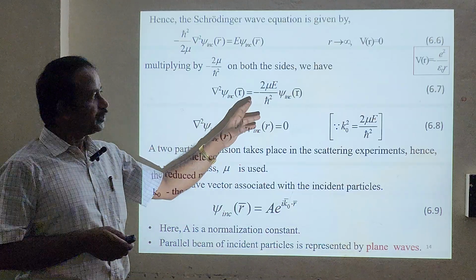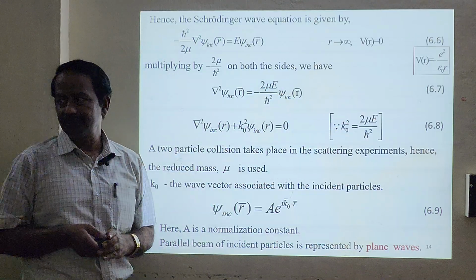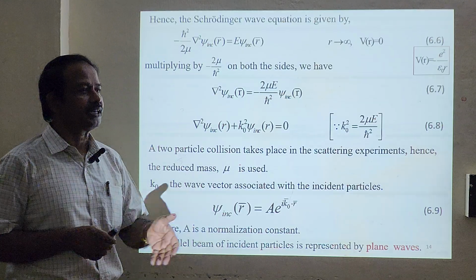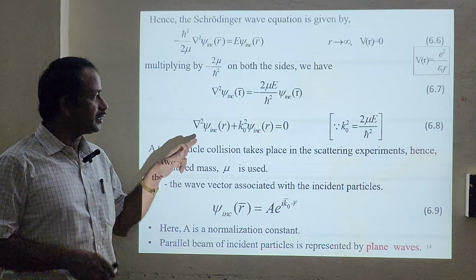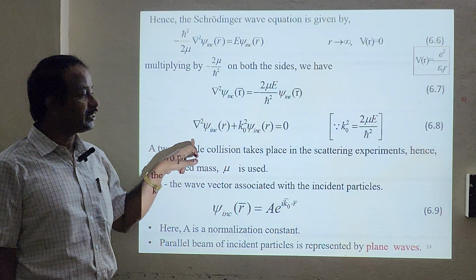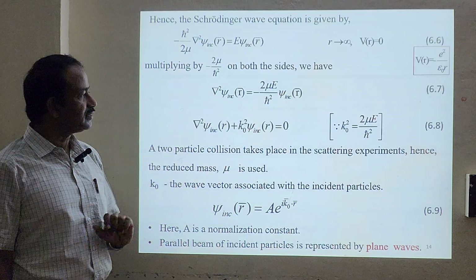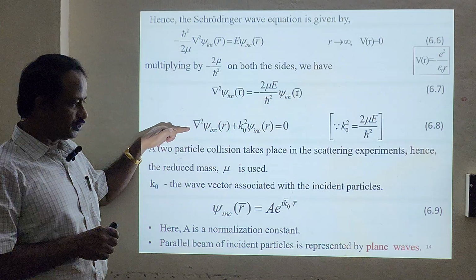Is it okay? Instead of this, we can keep k naught squared, where k naught is the wave vector of the incident particle. So this equation 6.8 is del squared psi incident of r plus k naught squared psi incident of r equal to 0.